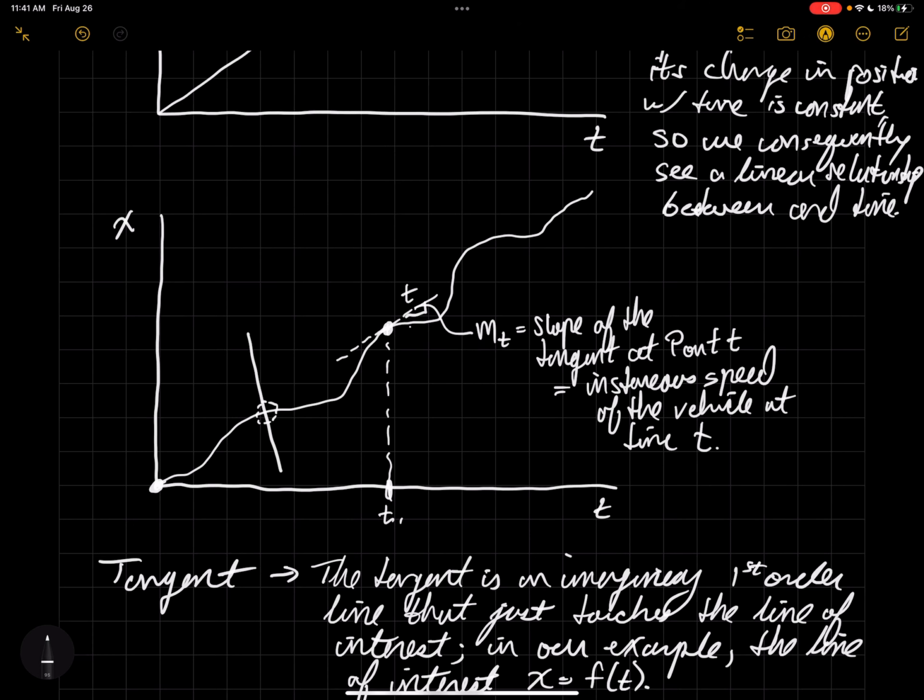But clearly, this doesn't look anything like what our tangent looks like, where we're trying to determine the instantaneous speed at a point. The other issue is that in order for me to determine the slope of this tangent that we've drawn here, I have to be able to identify actually 2 points on this curve, right? In order to describe a line, I need a first order line to be clear.